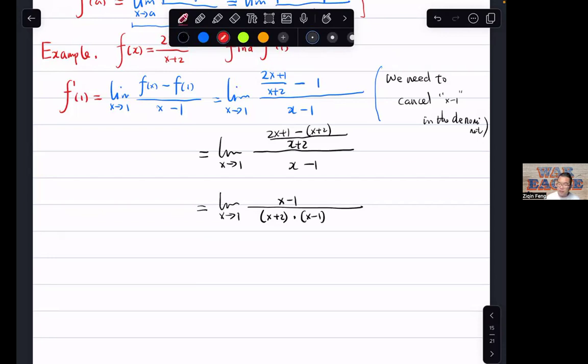So this zero factor cancels. Then you plug in 1, and the answer is 1/3. So this is the example. Given a function and a number, you can calculate the derivative of this function at this number. That means the slope, if you are looking for the tangent line to the curve at this point.